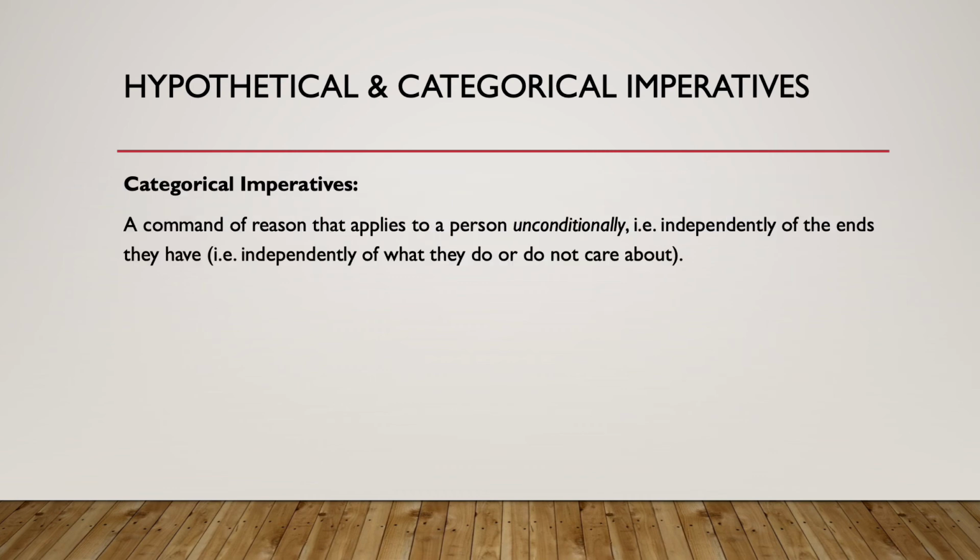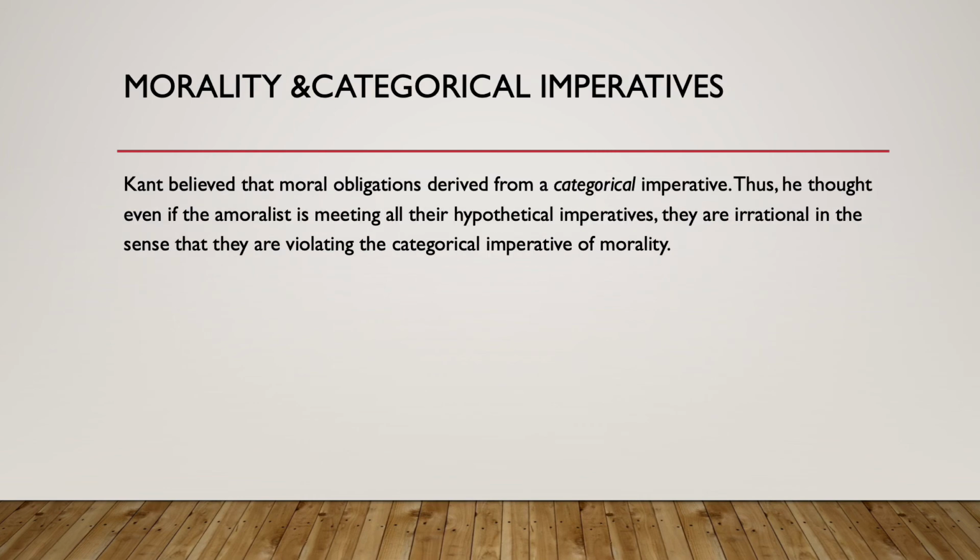They're what we might call categorical imperatives or reasons. So this is a command of reason that applies to a person unconditionally, independently of the ends they have, or independently of what they do or do not care about. So Kant believed that moral obligations derived from a categorical imperative.